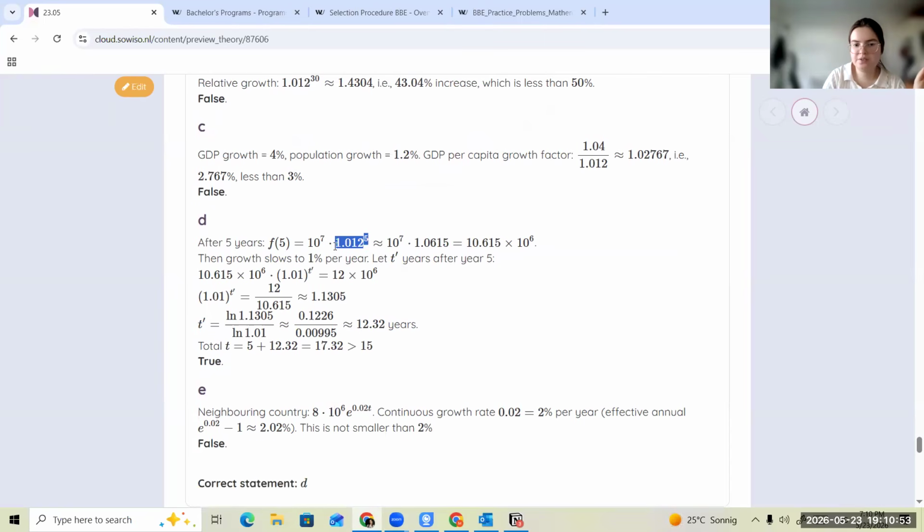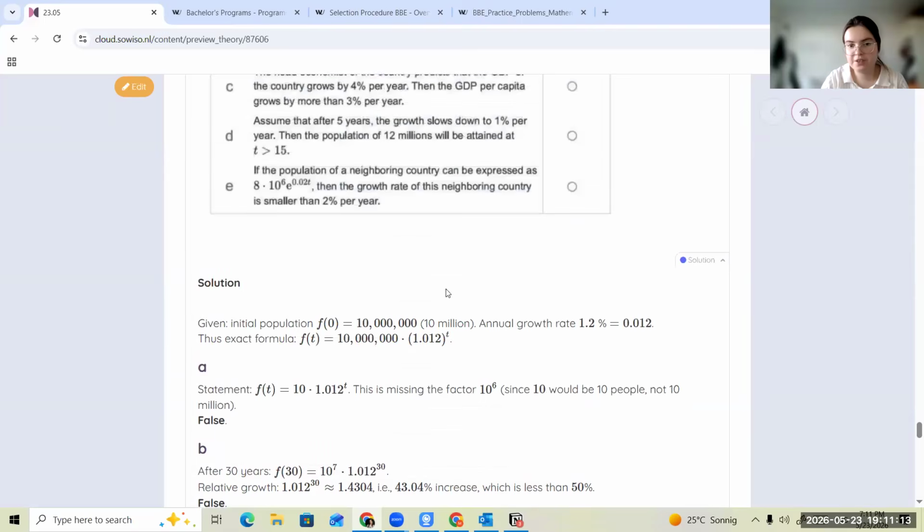Before it was 1.2%, and this was the case until year 5. Then we take this as our starting value, and we keep increasing it for the remaining years, but now the population growth is 1%. So down to 1% means from 1.2% to 1%.